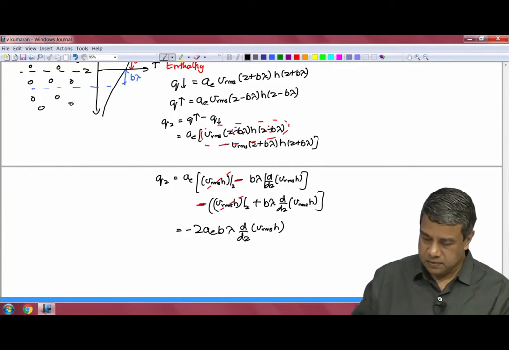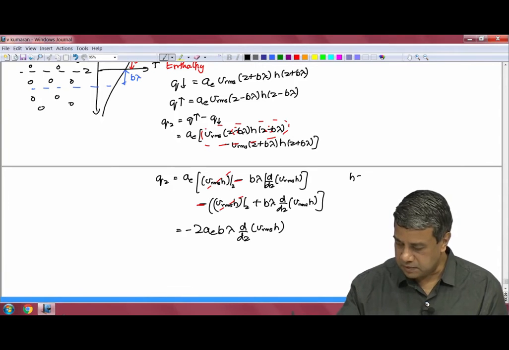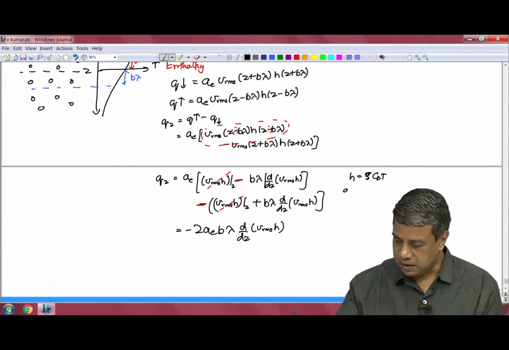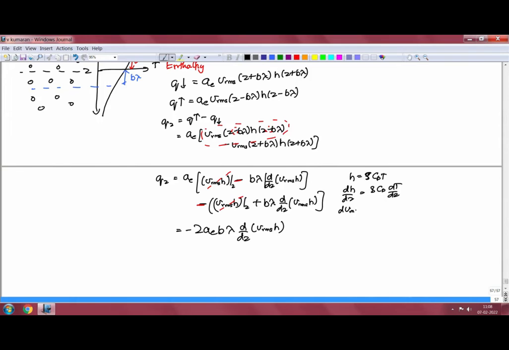And if I substitute that the enthalpy density is equal to rho Cp T, and dH by dz is equal to rho Cp dt by dz, and d Vrms is equal to Vrms by T dt by dz.